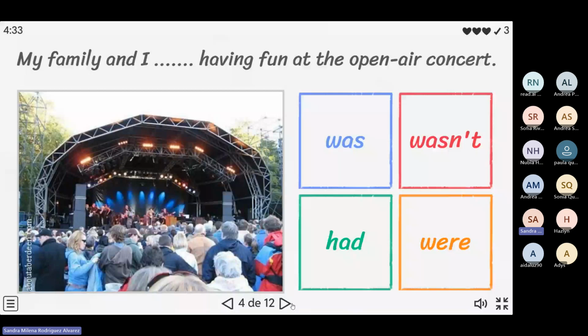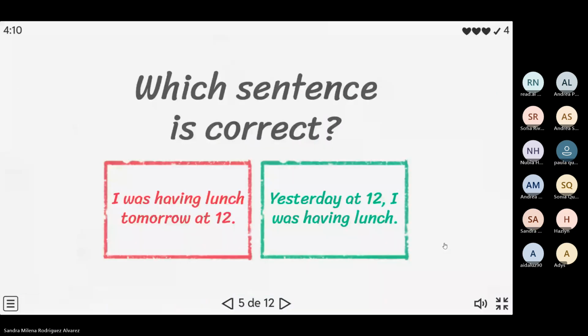My family and I were having fun at the open air concert. Yes, my family and I. Which sentence is correct? I was having lunch tomorrow at 12 or yesterday at 12 I was having lunch.